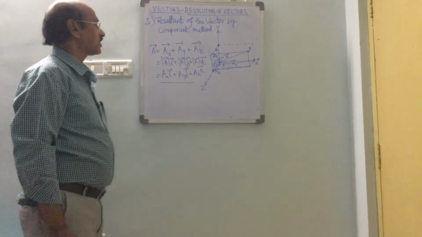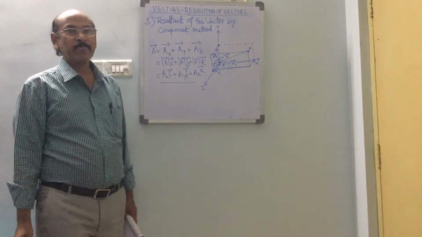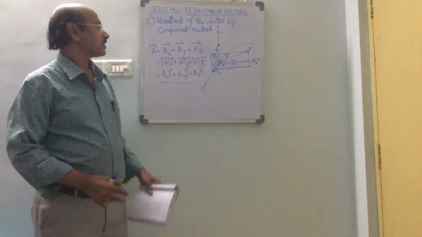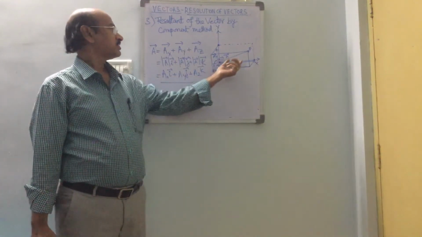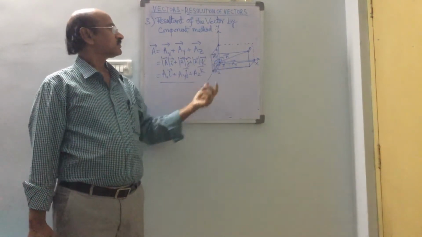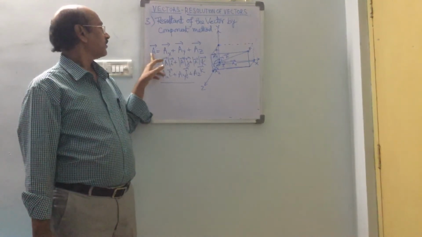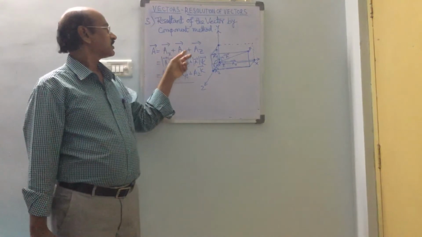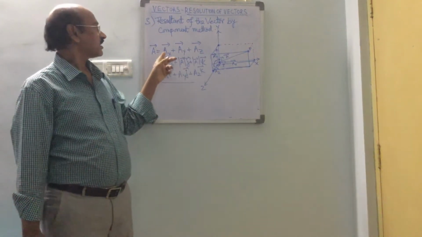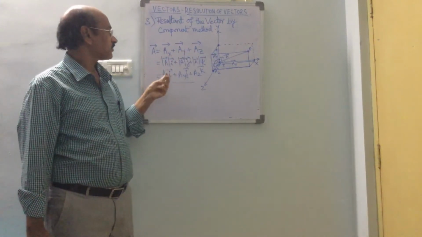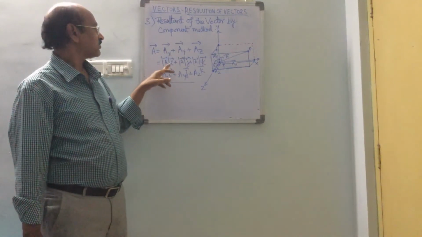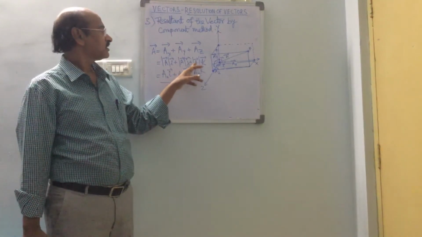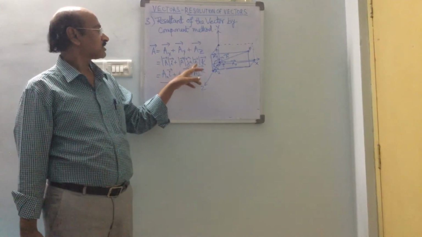So, in the three-dimensional Cartesian coordinate system, vectors are resolved into three components in x, y, z directions. Any vector can be written as the sum of the three components, like A x bar plus A y bar plus A z bar, which may be further written as modulus of A bar into I bar plus modulus of A bar into J bar plus the z component modulus of A bar into K bar.